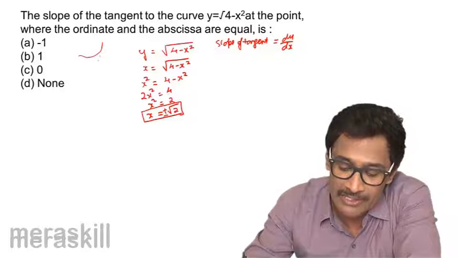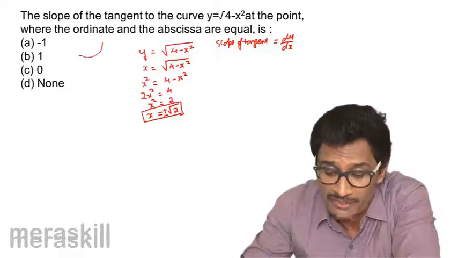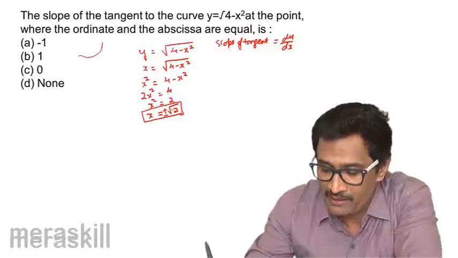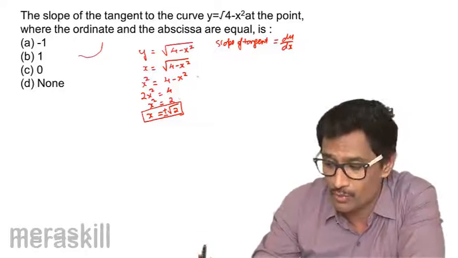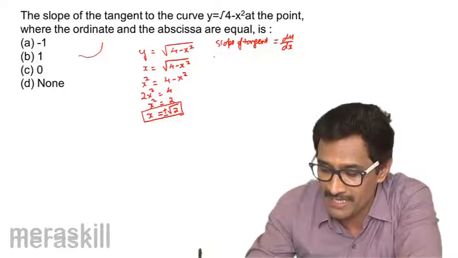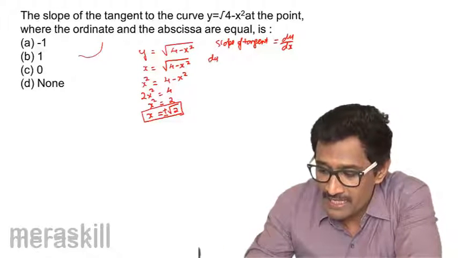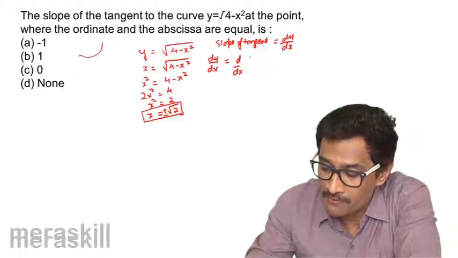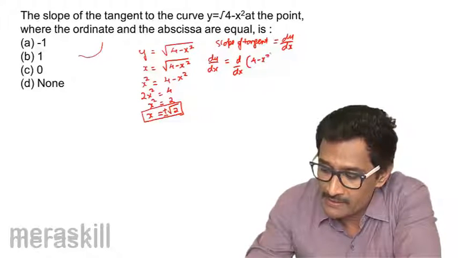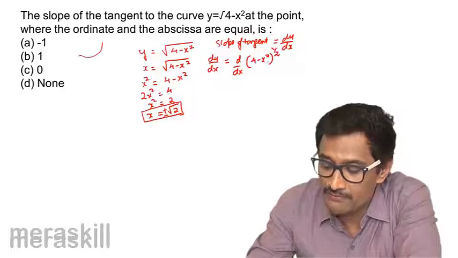Obviously, at each point the tangent is going to be different. So at this particular point where x and y both are root 2 or x and y both are minus root 2, what is the slope? So we need to find dy by dx. Now dy by dx is nothing but d by dx of 4 minus x squared the whole raised to half.